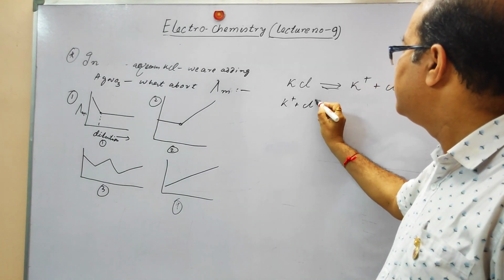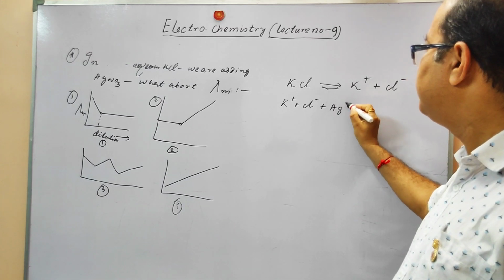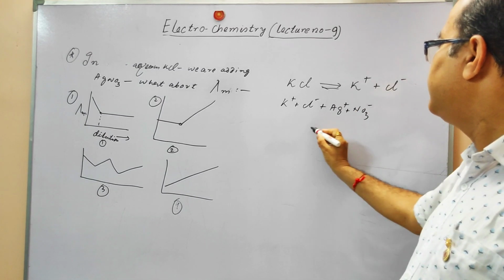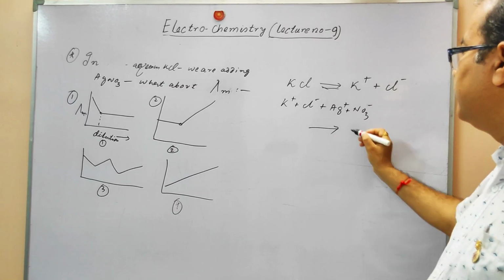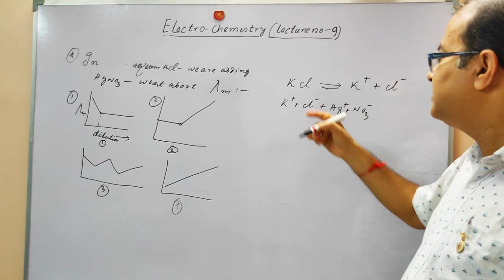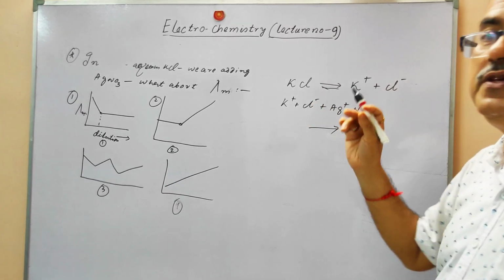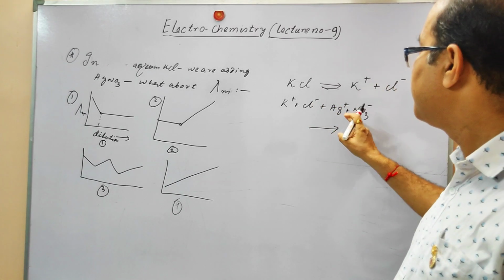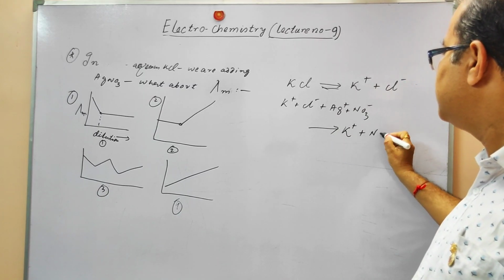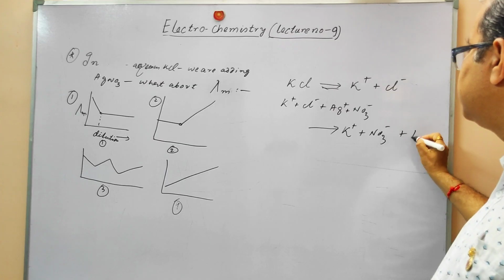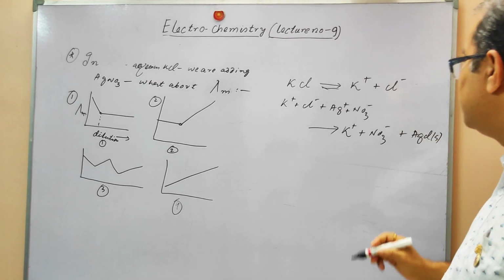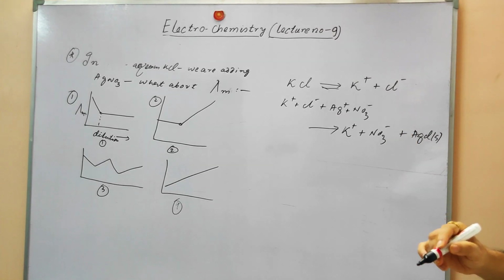KCl plus Ag plus NO3 minus. At that time what is going to happen? There will be a reaction between the Ag plus and the Cl minus. So there will be the precipitation of AgCl. So you will find K plus, NO3 minus and AgCl. Right? So what is going to happen?